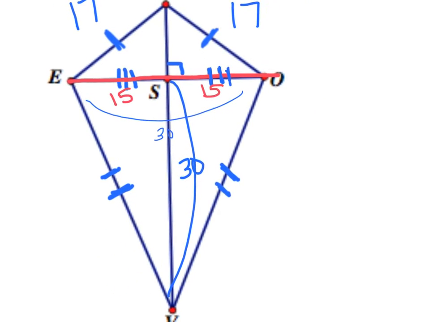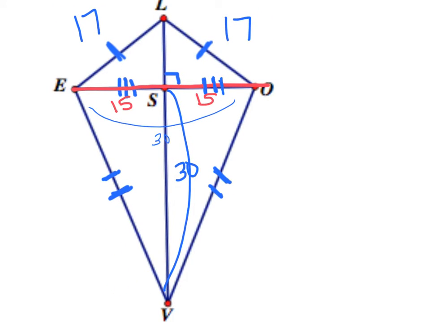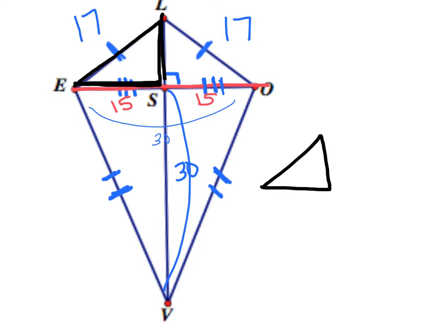Okay, so I've got a couple side lengths that I still need to find. I still need to find LS, I need to find EV and OV. So if I look at my picture here, I've got two little triangles up top. If I draw it out here, I have 15 for the base, here's the right angle, and then 17 is the hypotenuse.